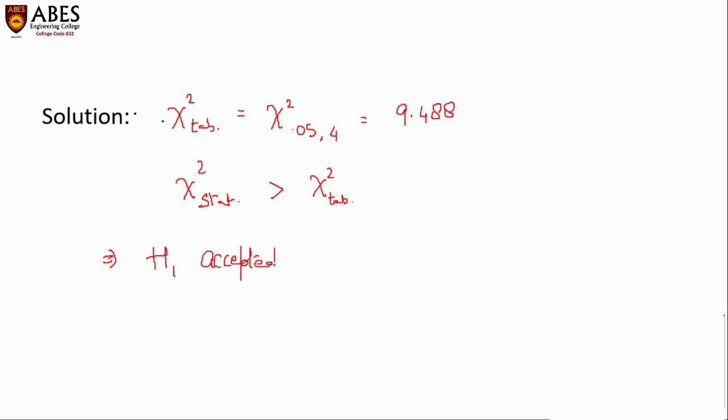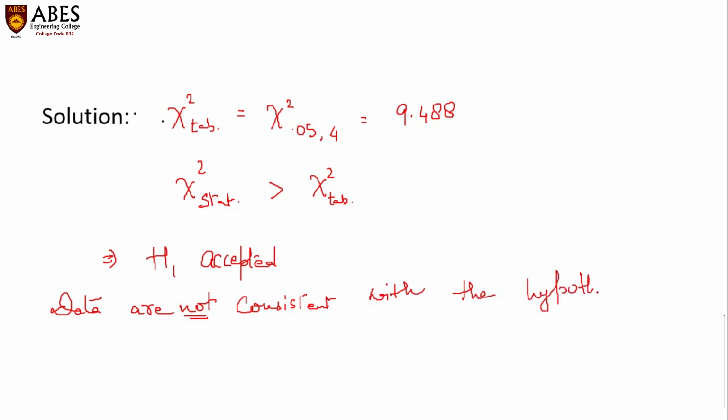That is, the data are not consistent with the hypothesis that binomial law holds. Okay, the data is not in agreement with binomial law, right? So this way we have verified whether binomial law fits well to the given data or not.